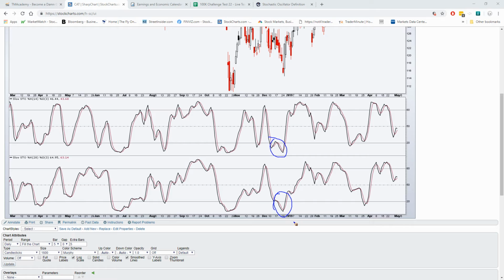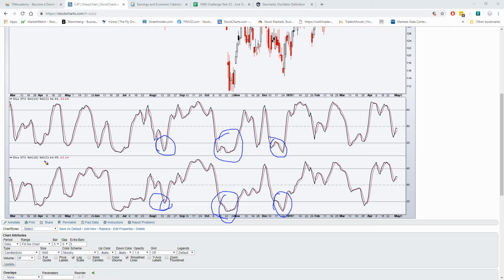Look at the difference in something like this or something like this. Basically, what happens is the longer the time period we go, the more days we give the stochastics, the smoother it's going to be.